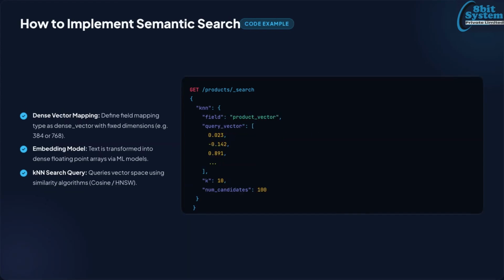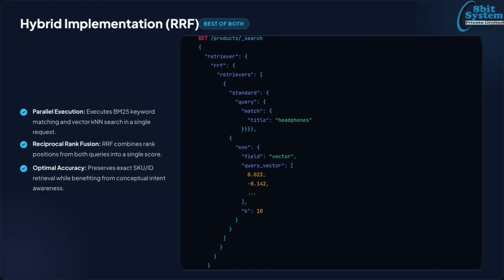For the implementation of semantic search, here we use dense vector mapping, embedding models, and a KNN search query. And for the hybrid implementation, it combines the strengths of both lexical and semantic search, and it uses parallel execution, reciprocal rank fusion, and optimal accuracy.